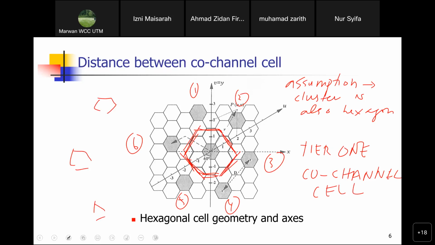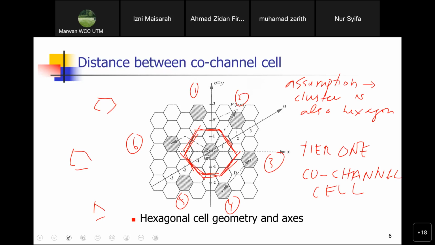Normally you only consider tier 1. Tier 2 means the distance is actually double that of tier 1. Tier 3 is triple. Because the distance becomes bigger and bigger, the interference coming from tier 2, tier 3, tier 4 we can omit. So we consider mainly tier 1.